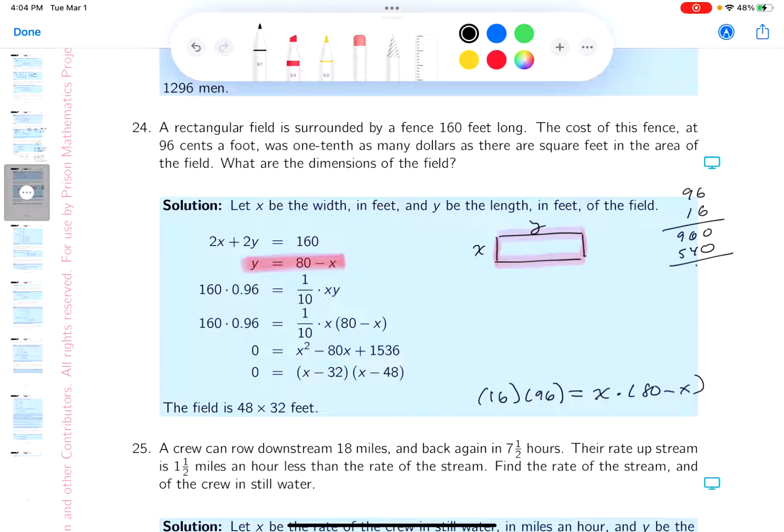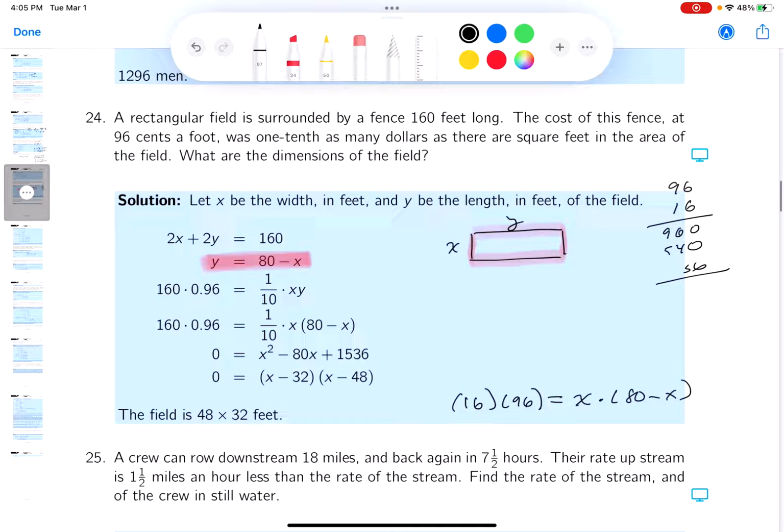And 6 times 6 is 36. Let me get rid of that line. Let's see, 9's 1536. I'll write that down. Equals 80x minus x squared.